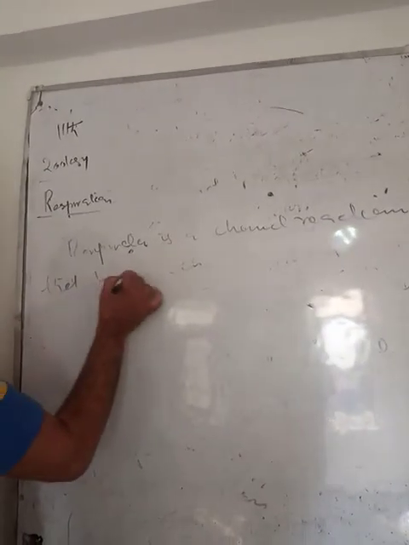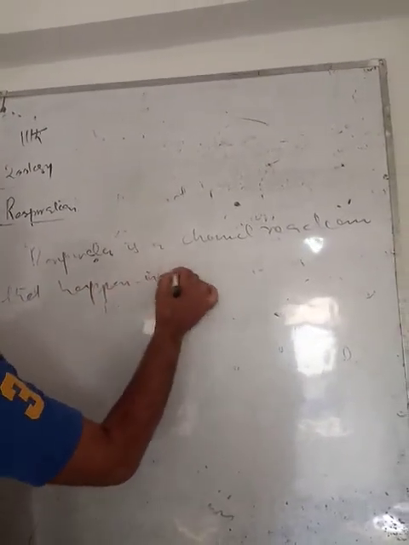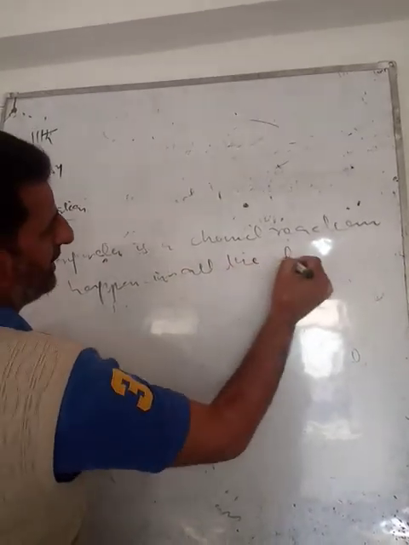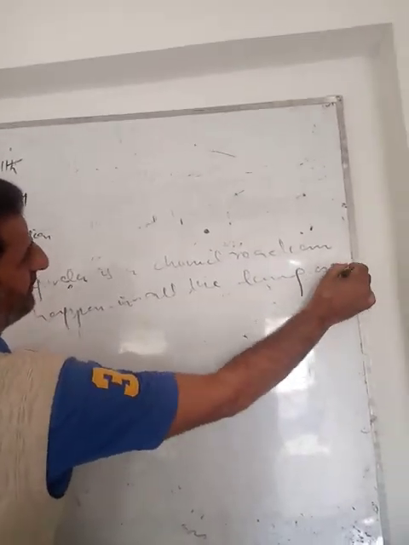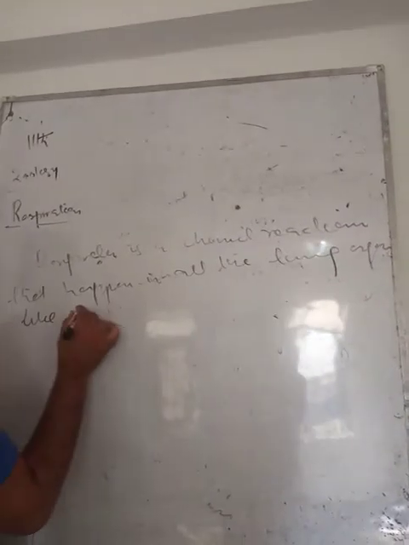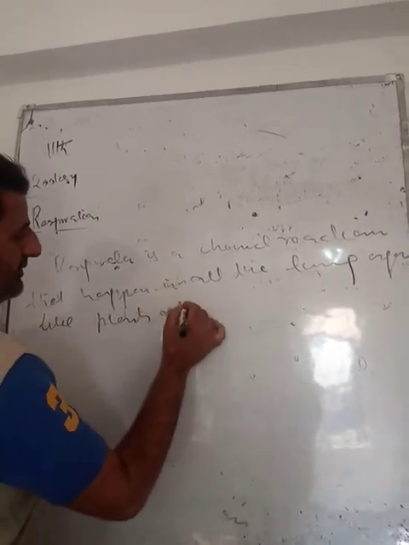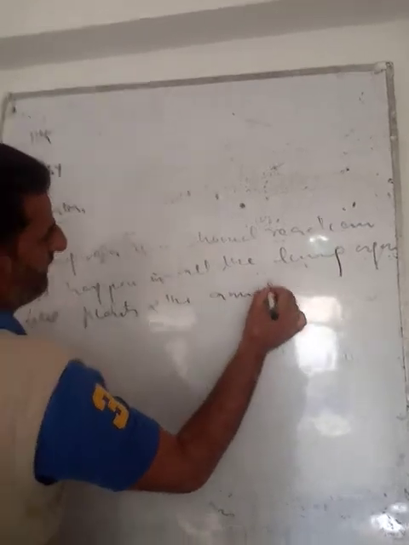It's a chemical reaction that happens in all living organisms like plants and animals. Respiration is a chemical reaction that happens in all the living organisms. In living organisms, we can consider both the plants and the animals.